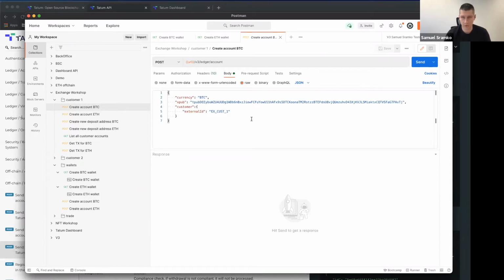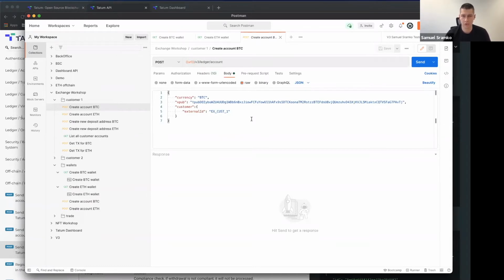What is an account in Tatum terms? We can imagine it as a virtual envelope that abstracts the complexity of the underlying blockchain.